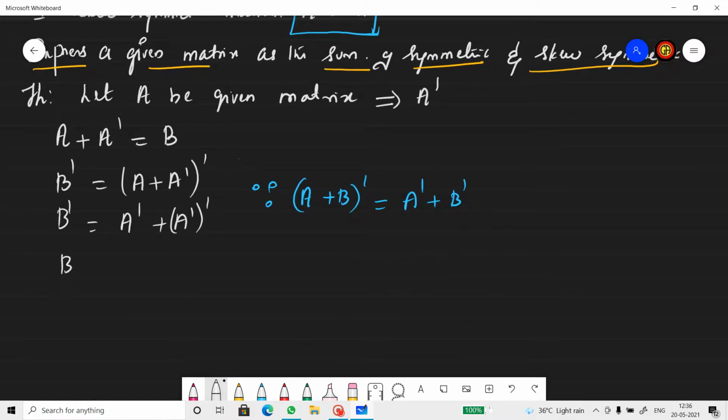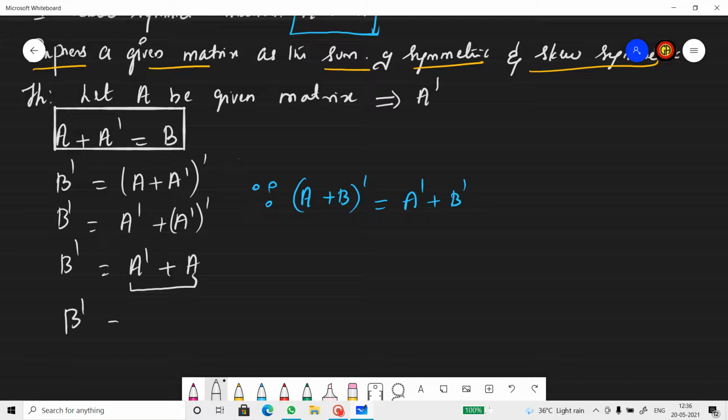So I get B transpose equals A transpose plus A. Now A transpose plus A is nothing but B. Right? So that means B transpose is equal to B. Hence, B is a symmetric matrix. Correct. Now let's do the other part.